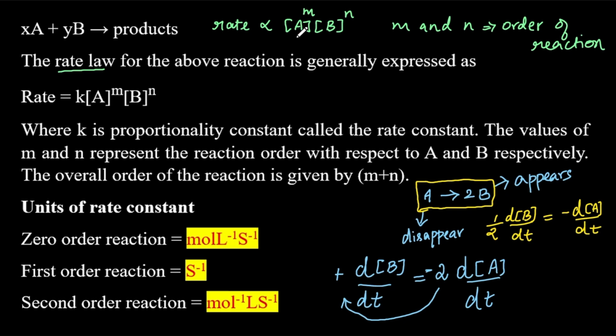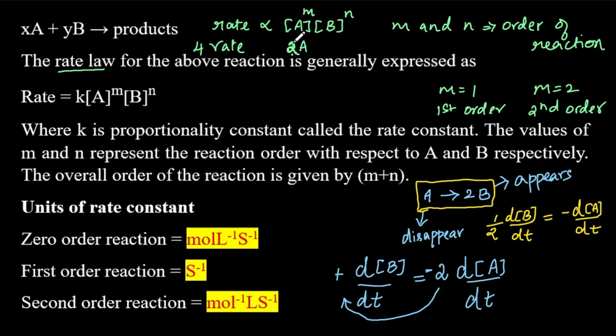That is, if I increase the concentration of A 2 times and the rate of the reaction also increases 2 times, then the power is 1. So it means that the reaction is first order. If I increase the concentration of A by 2 and the rate of the reaction becomes 4 times, then the power is 2, second order.